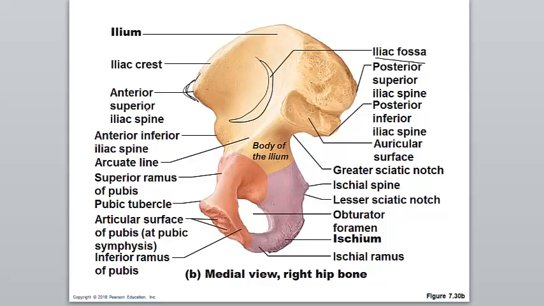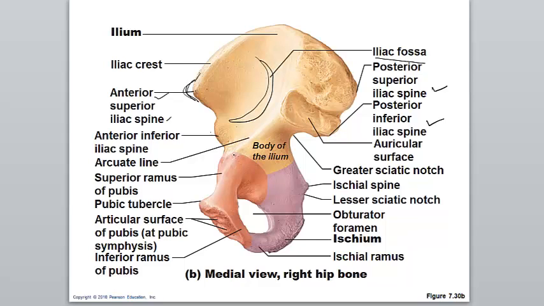That is the anterior superior iliac spine, and underneath that you have your anterior inferior iliac spine. You have the same thing in the posterior: the posterior superior iliac spine and the posterior inferior iliac spine. So you have the crest, the fossa, the anterior superior and anterior inferior iliac spines, and the posterior superior and posterior inferior iliac spines.